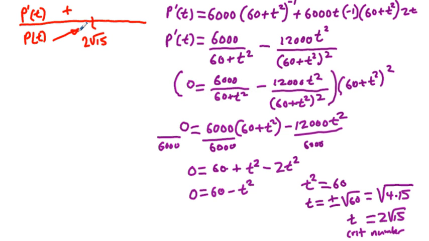Then a number greater than 2 square root of 15, maybe 10, 60 minus 10 squared is 60 minus 100, which is negative. So we have a maximum at t equals 2 square root of 15 weeks.